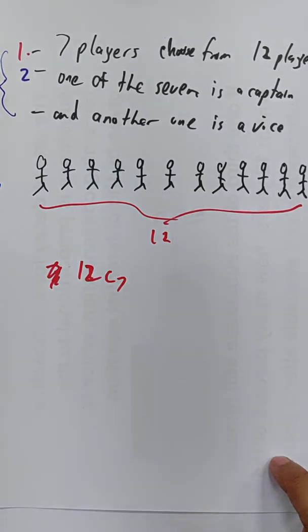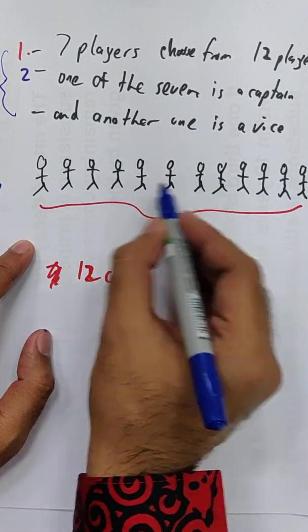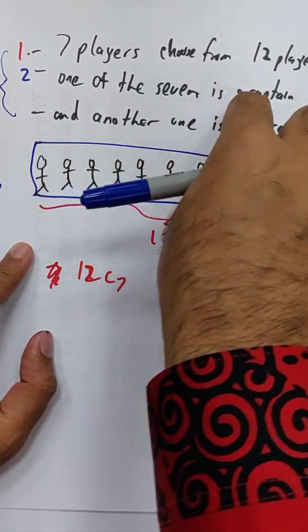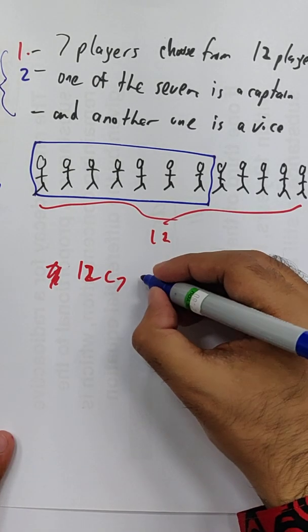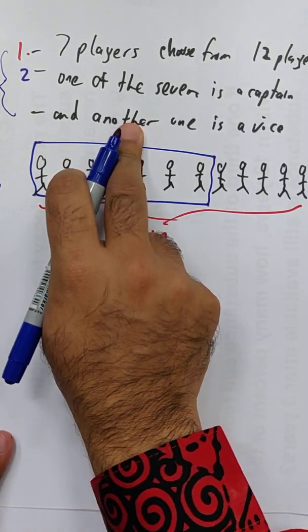One of the 7, that means if I choose 7 here, 1, 2, 3, 4, 5, 6, 7, I'm going to select one of these as the captain. How is it going to be? 7C1. And what about this one?